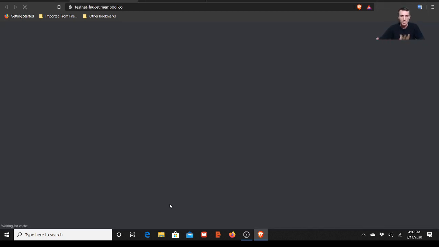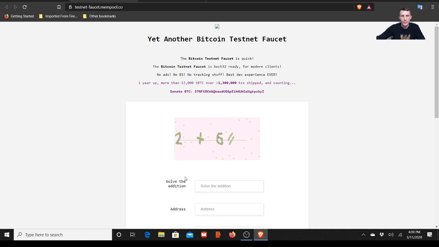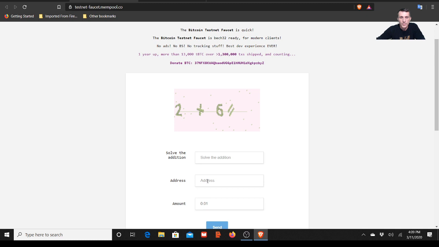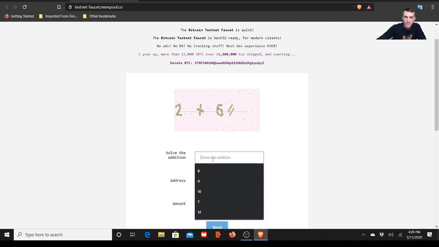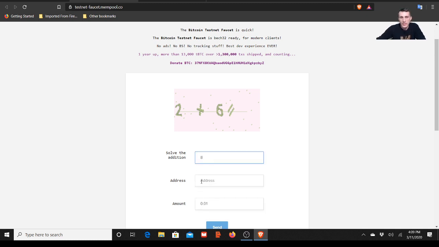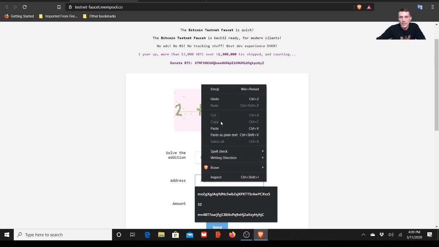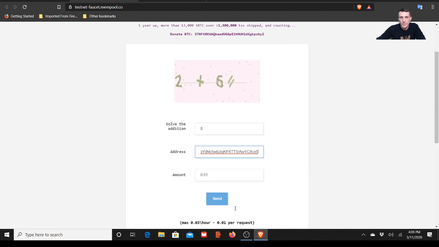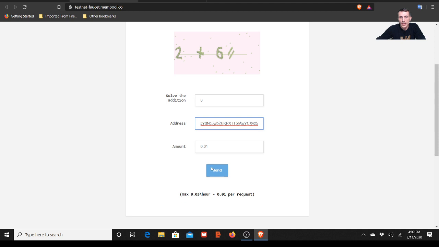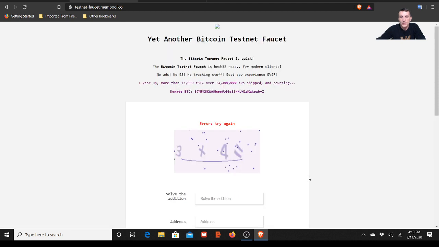Sometimes one will work, sometimes it doesn't. Sometimes you'll have to go to 2. You're going to paste your address here, leave the amount there, hit send.